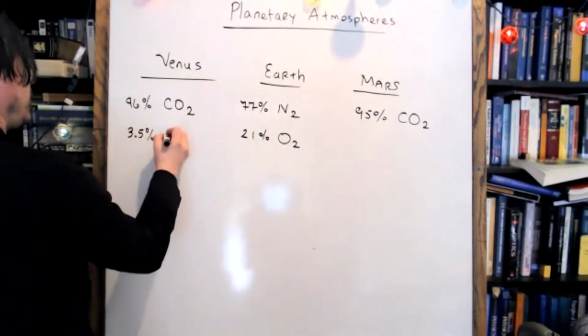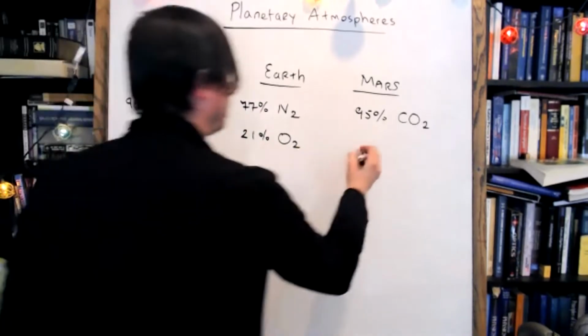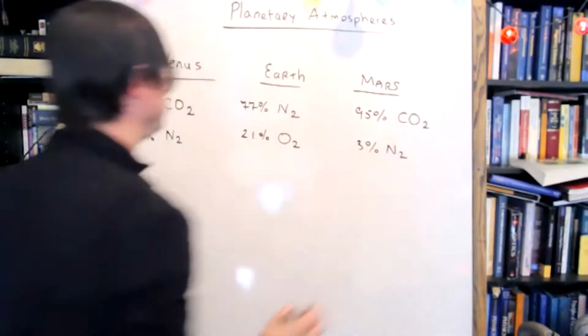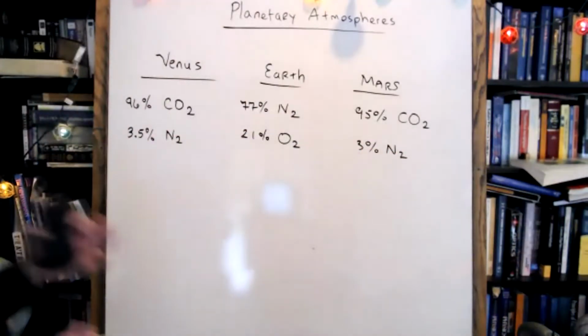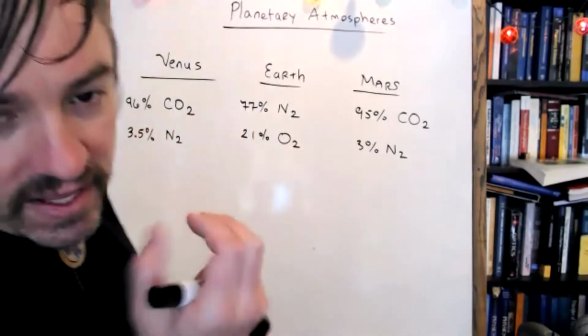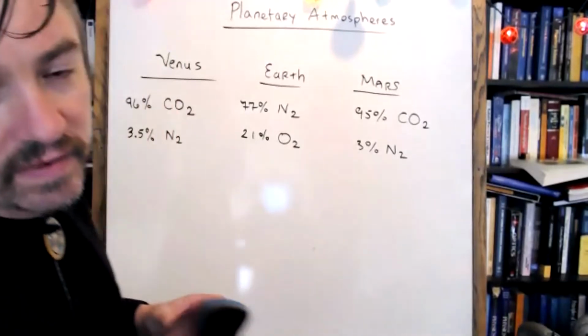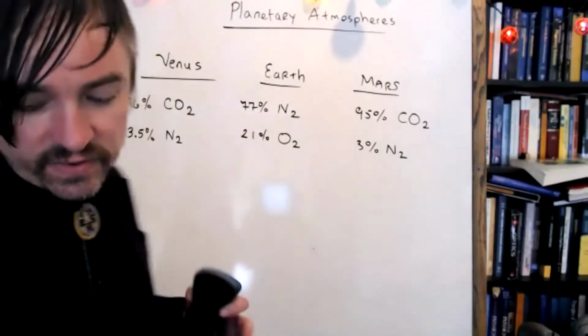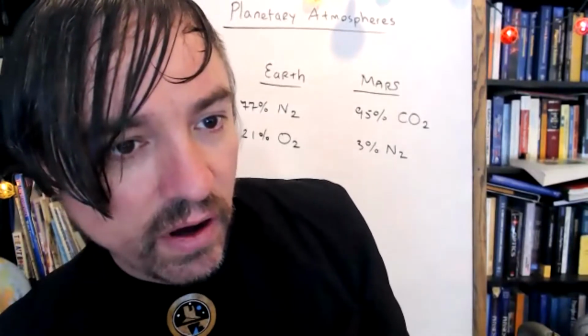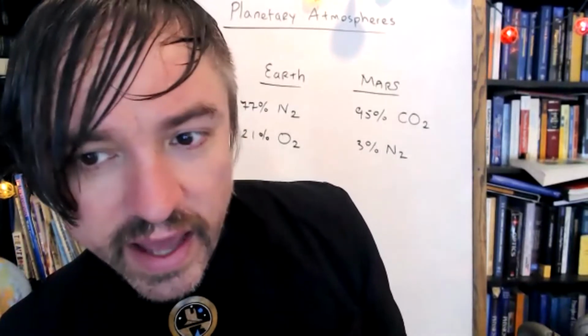The next biggest component of Mars and Venus, after diatomic nitrogen, is a gas that we see in all three planets. It makes a small percentage of the gas that's released in volcanoes, and it's argon, okay? Argon is a noble gas.